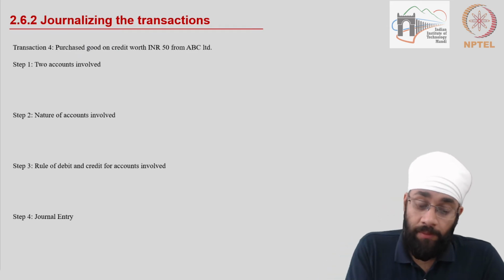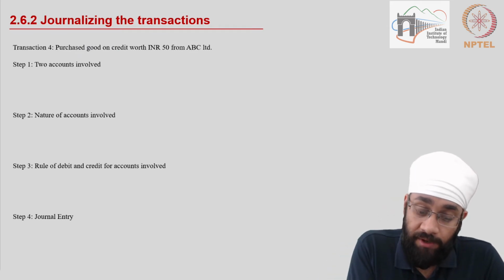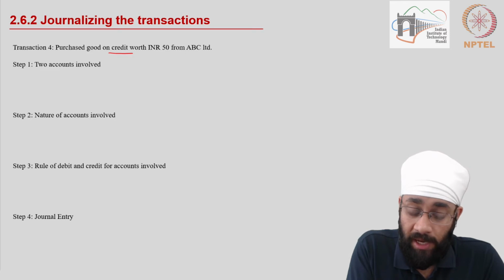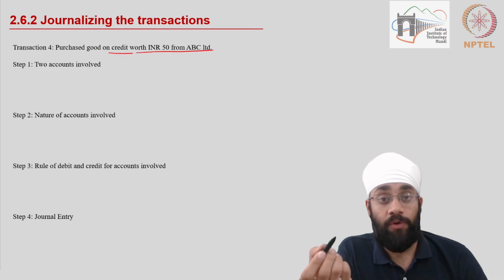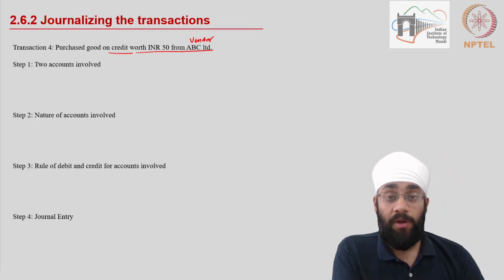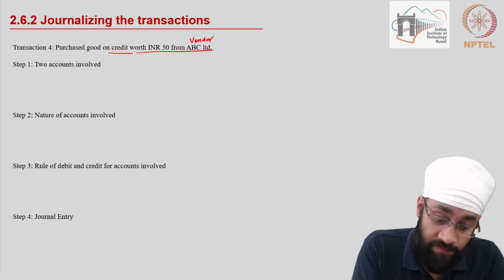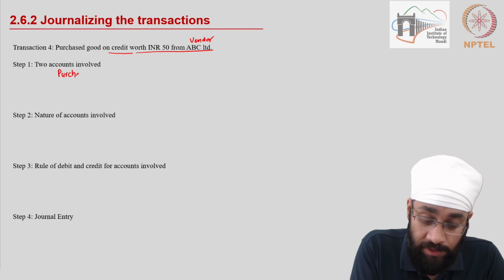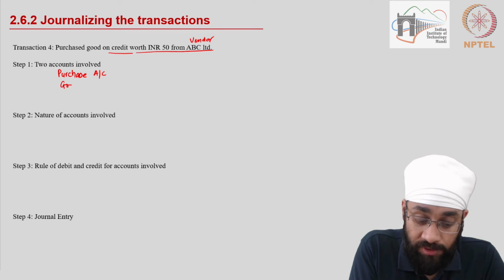Transaction 4. You purchase goods on credit. Now you do not pay and you are buying it from ABC. Okay, ABC Limited is our vendor now. So step 1, what are the two accounts involved? We will have a lot of options here. So again, purchase account is involved. Goods account could be involved. There is a credit.